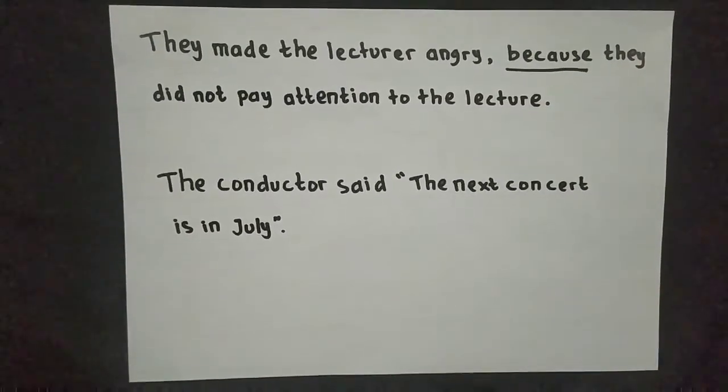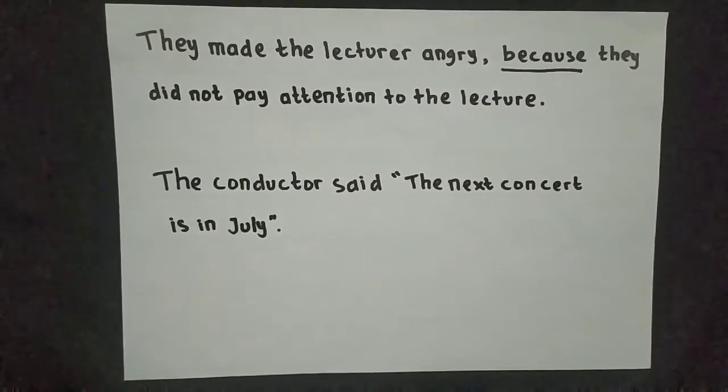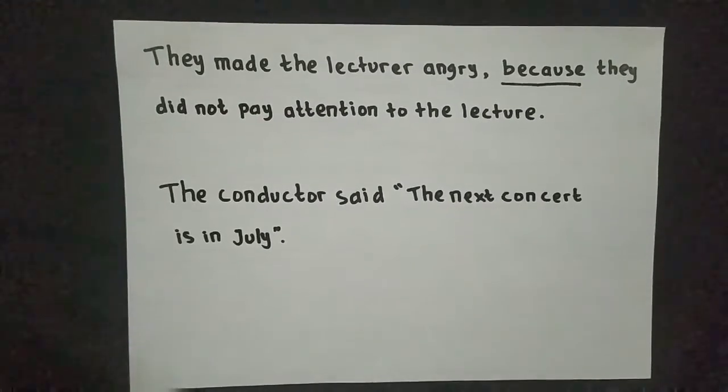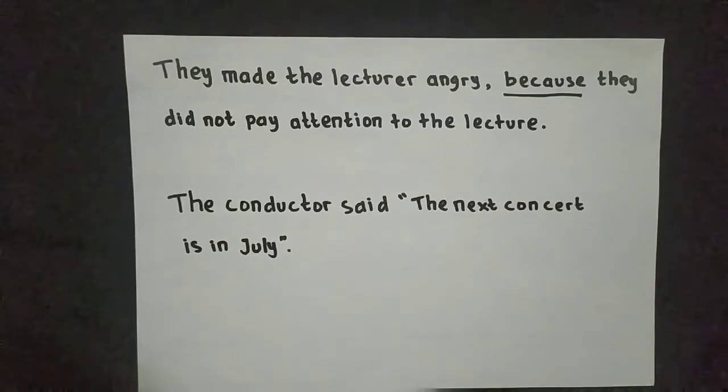Locution is a construction of wording, occurs in verbal process, indicated by double quotes. For example, the conductor said "the next concert is in July." Double quotes are indicators of the locution or verbal process.